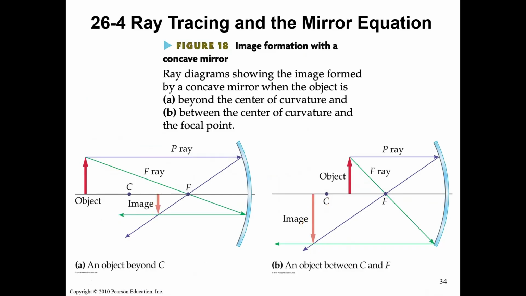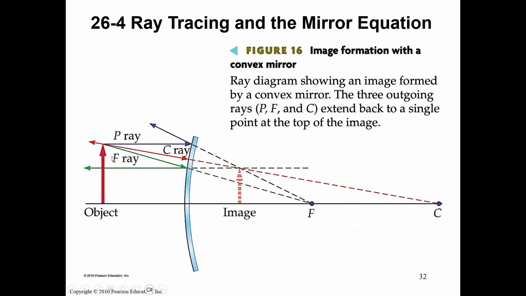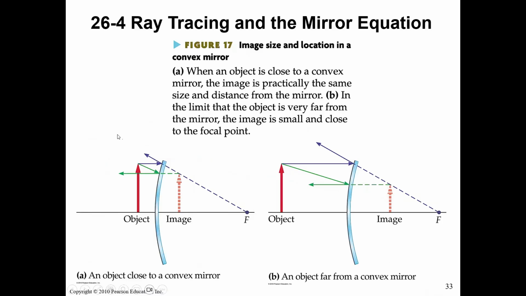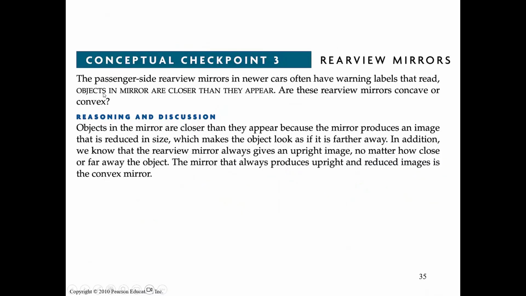Can it be a convex mirror? If we have a convex mirror, and there's an object, in this case a car behind us, the car is forming an image inside this convex mirror. It is an upright image, and the image is smaller than the object. If the image is smaller than the object, then we perceive it as if the image is further away from us. This is consistent with the saying that objects in the mirror are closer than they appear.